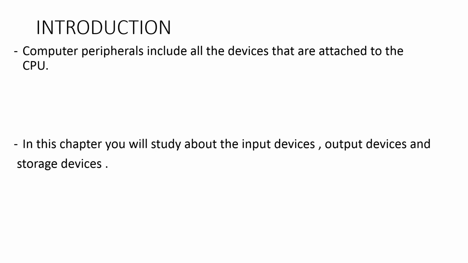As we move more deep in this chapter, you will understand what are input devices, what are output devices and what are storage devices. You must be having a hint about what these things are, because you have learned some of the devices in class 5th.